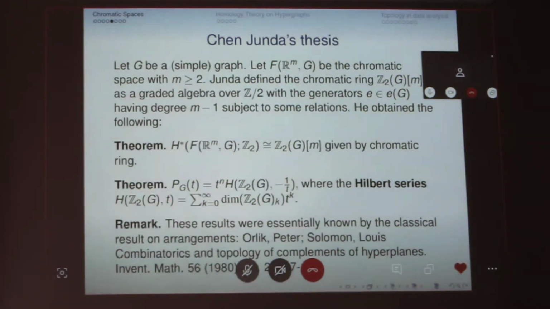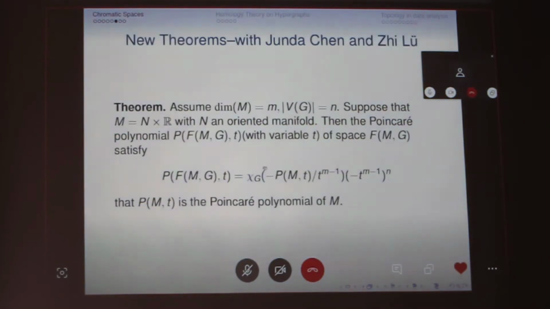So we try to see whether we can push further, say to general manifolds, and then I think we can get some good results. Okay, so the result will be like that. So this will be the new result. We just state it here. I think we are finishing the paper, to finalize the paper.